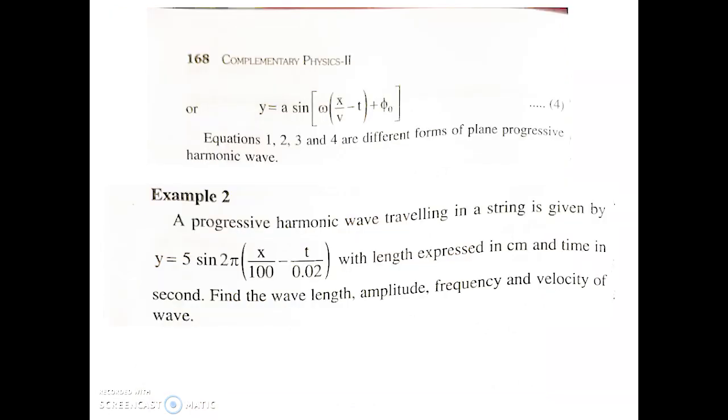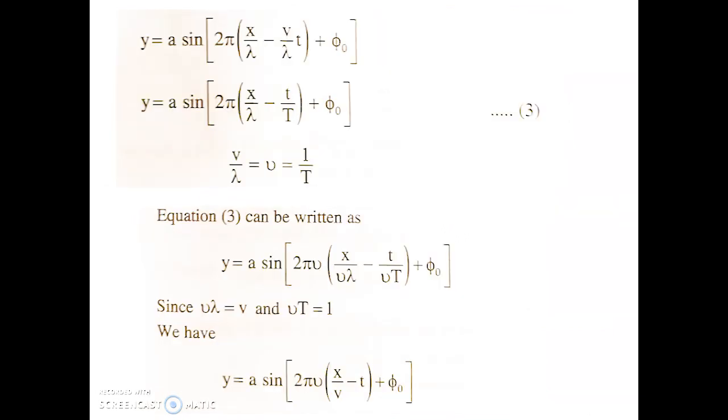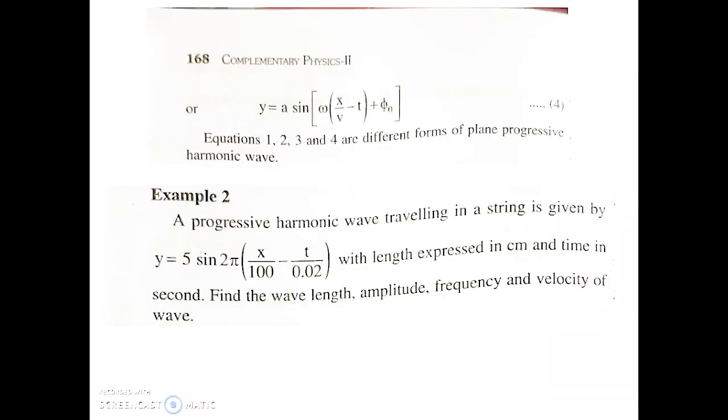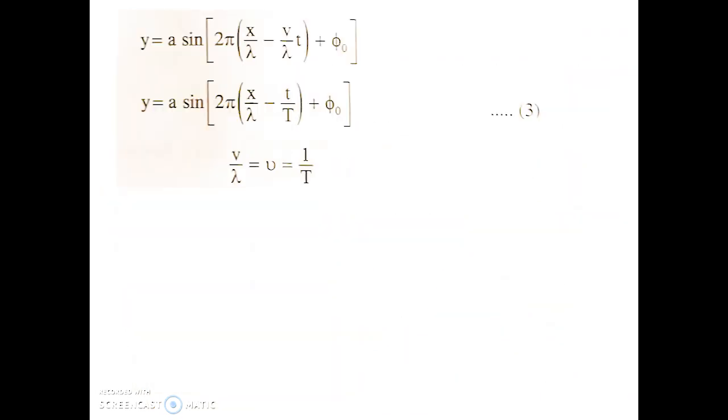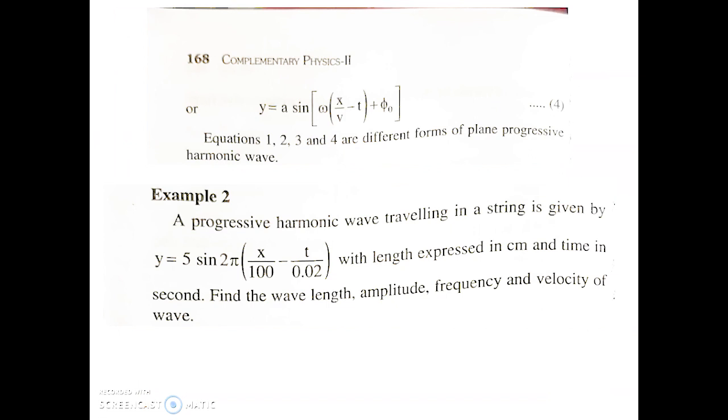We can also write this 2 pi nu as omega, which is another way of writing the equation: y equal to a sine of omega into x by v minus t plus phi 0. These equations 1, 2, 3 and 4 are all different forms of a plane progressive wave. Let's do an example.